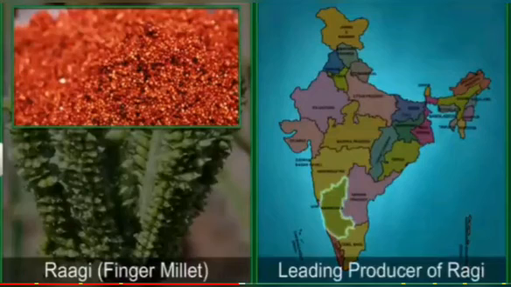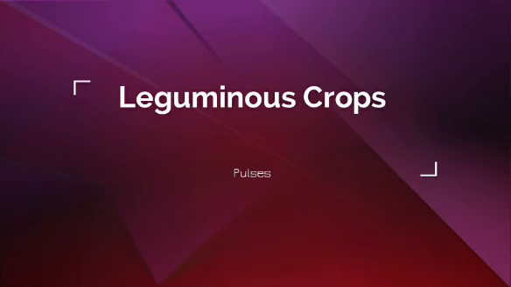Next, we will be talking about the pulses, which are also known as leguminous crops. India is the largest producer and consumer of pulses in the world, and pulses are an important source of protein, minerals, and are also known as poor man's meat.